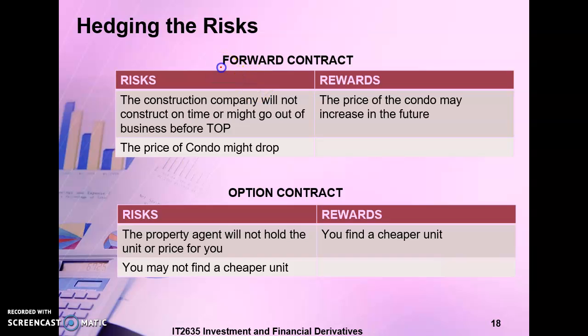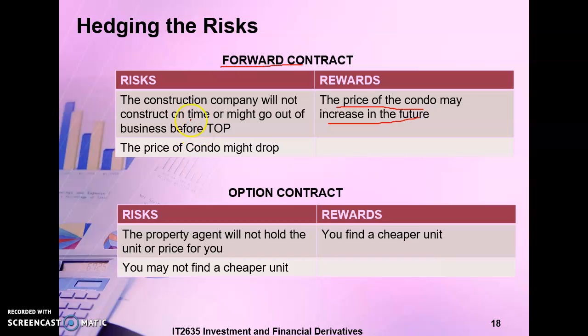So that's where you see the two scenarios. With the forward contract, you go in immediately because you want to fix the price, and you know the price might go up in the future. So you want to fix it at the current, lower price, in view that the future price will go up.